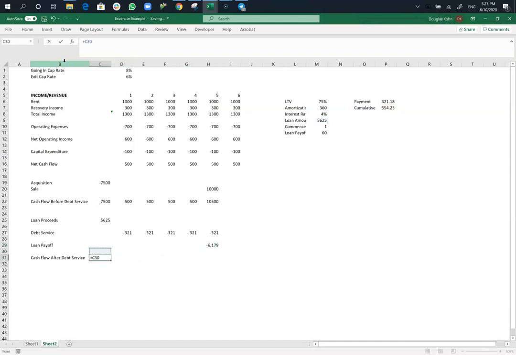So it's going to be the cash flow before debt service plus the loan proceeds plus the debt service line plus the loan payoff line. As you can see, because you had this loan, you had to pay out way less cash to actually purchase the building. And now we will do an IRR and a sum.